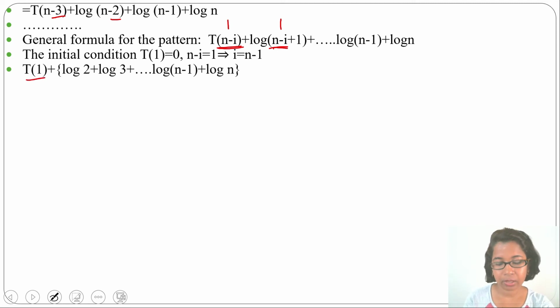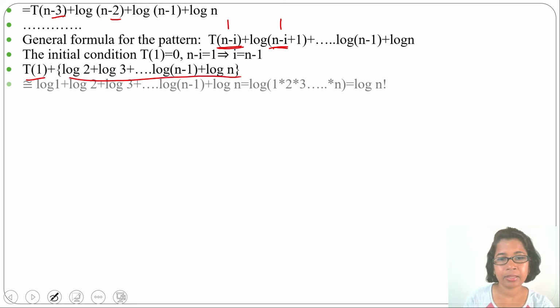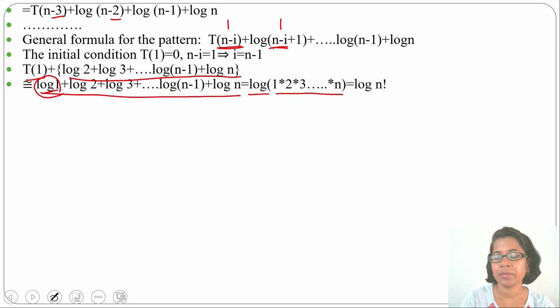Now the T(1) value is 0, and I'm just adding log 1, then log 2 plus log 3 up to log n. This thing we can write as log of 1 times 2 times 3 up to n, and this is nothing but n factorial. Now we found log n factorial.